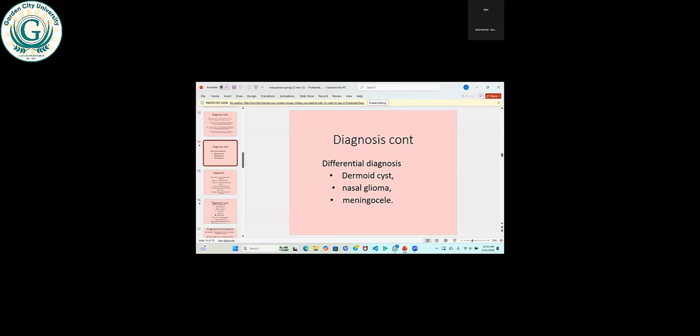We have a differential diagnosis. The presence of swelling or herniation could either be a dermoid cyst, a nasal glioma, or a meningocele.